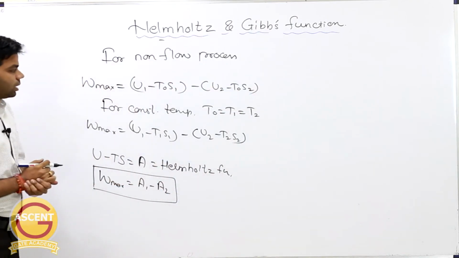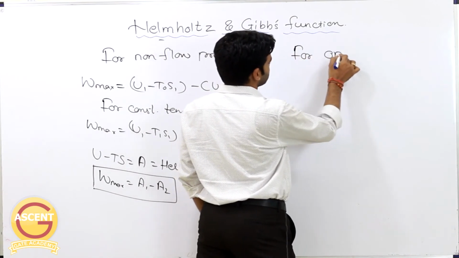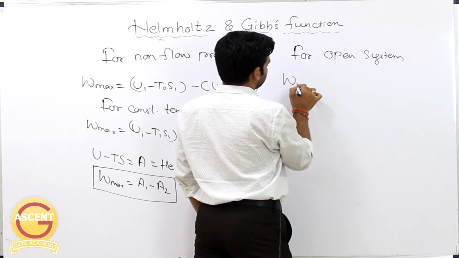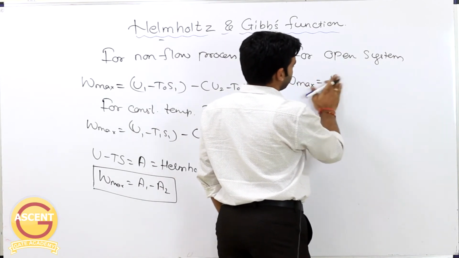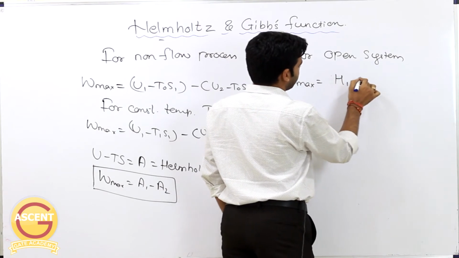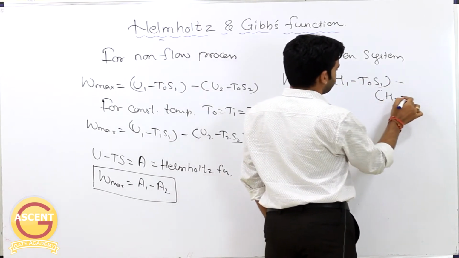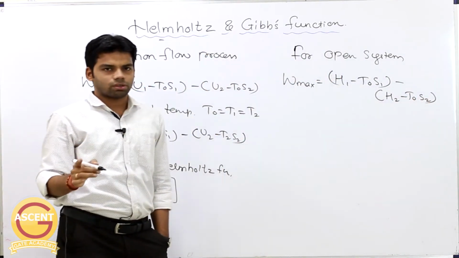Okay, first thing. Now what about open system? So for open system, for flow process, as we have already seen, what is W max? This W max for open system is nothing but H1 minus T0 S1 minus H2 minus T0 S2, if it is changing its state from 1 to 2.